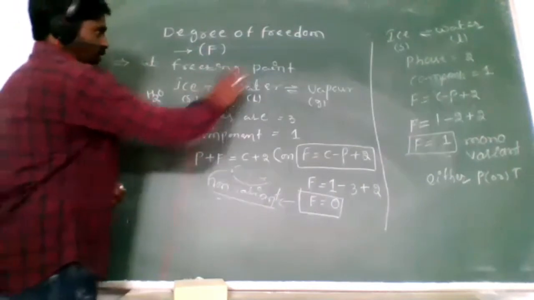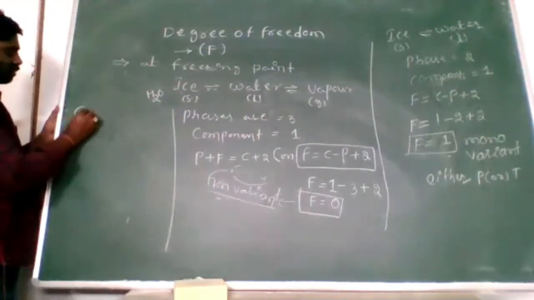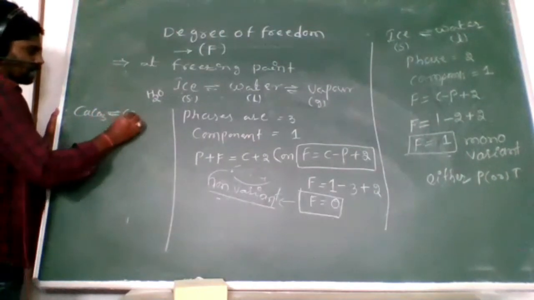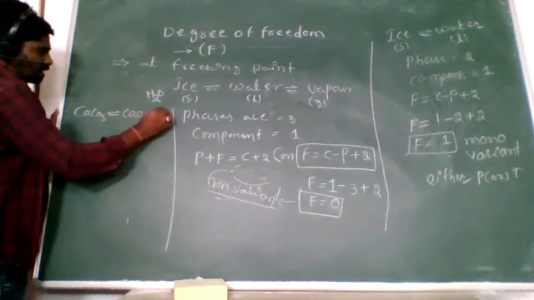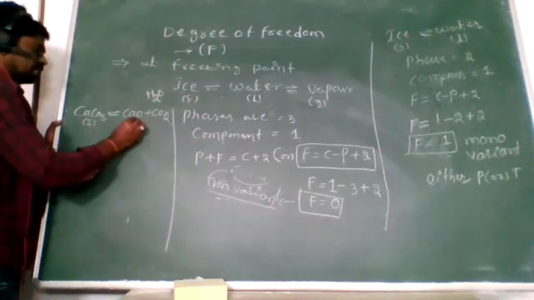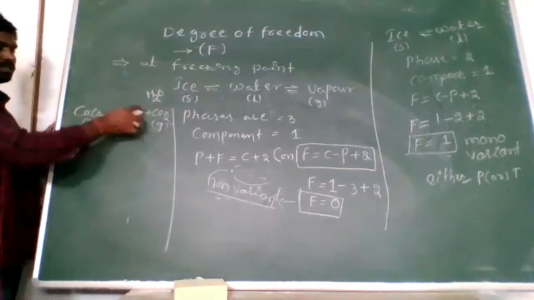This is the water system, that is the ice. For example, look at calcium carbonate forming calcium oxide plus carbon dioxide. Calcium carbonate is solid, calcium oxide is solid, and carbon dioxide is gas. The compositions are different there.